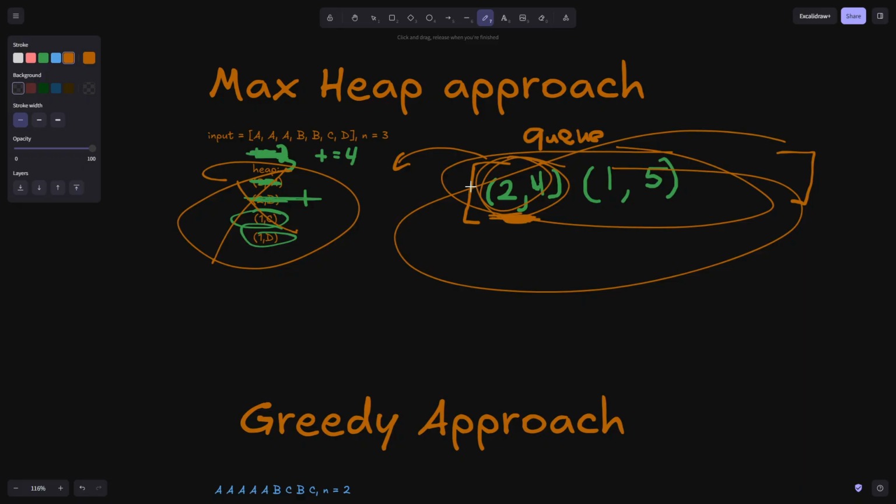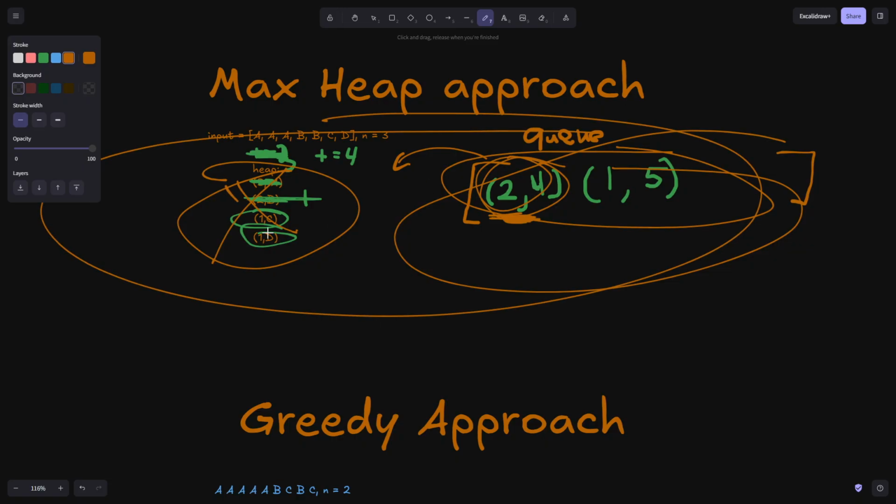So at what point would we break out of the program? Well, the point where we would have nothing in the heap is when the task frequency reaches 0, meaning we have 0 tasks left to do, right? When it's 0, obviously it's not going to be in the heap anymore because we would remove it.